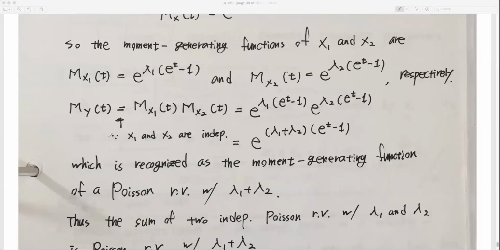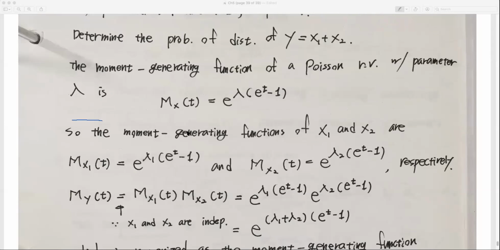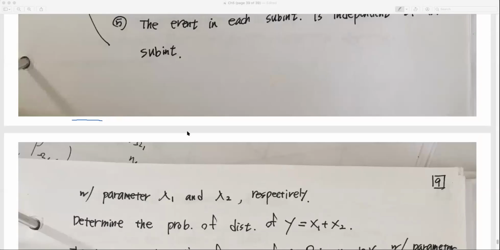Now, since Y is the sum of X1 and X2, we know that the moment generated function of a linear combination of random variables is the product of the moment generated functions of the random variables Xi.